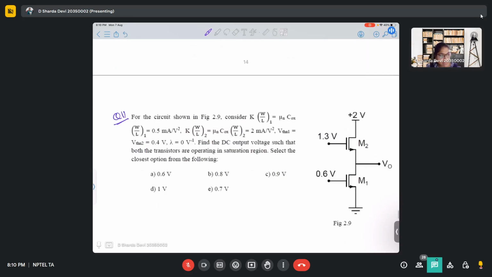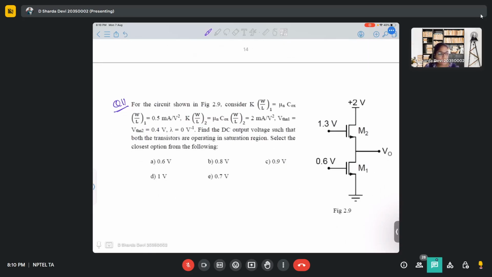In this particular question, there are two transistors, M1 and M2, with different gate voltages and the same threshold voltage, but their constant values are different. The main idea behind this question is that the current flowing through both transistors is the same. So here ID1 is equal to ID2.